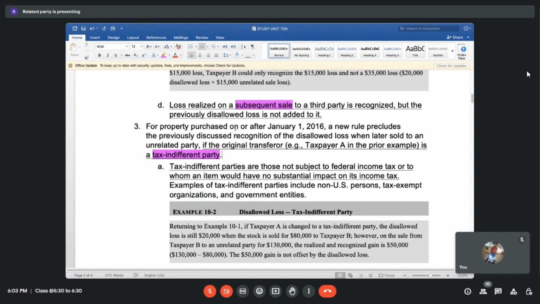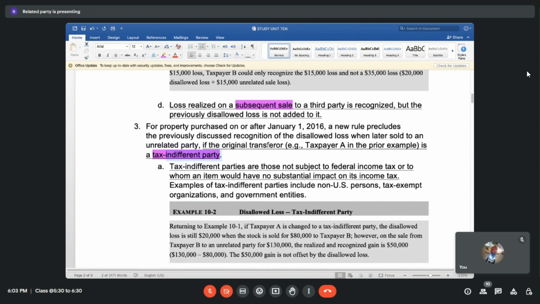For property purchased after a certain date, a new rule precludes the previously discussed recognition of the disallowed loss if the original transferor is a tax indifferent party.